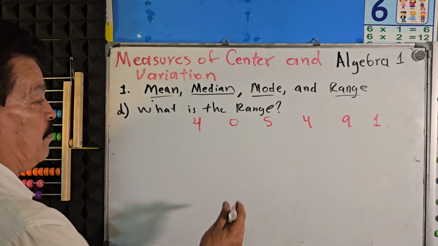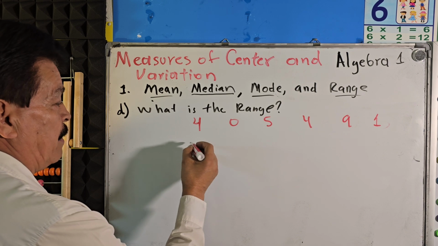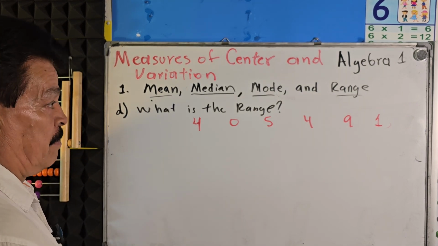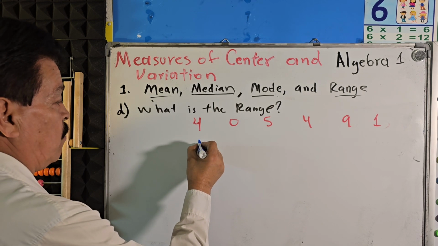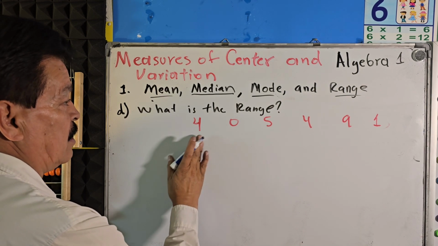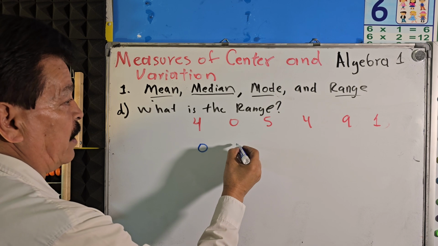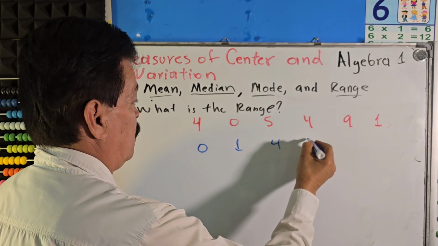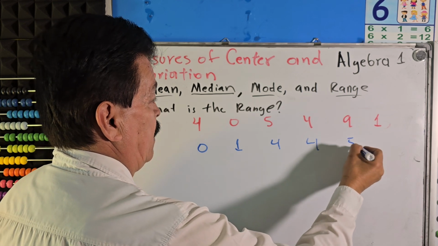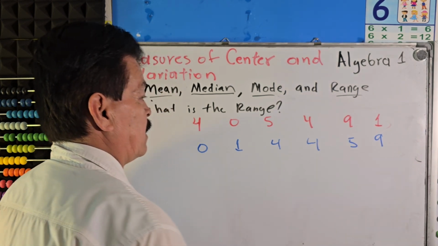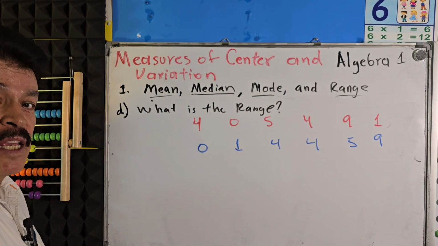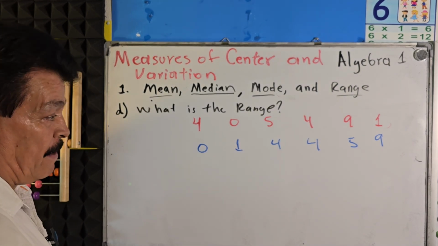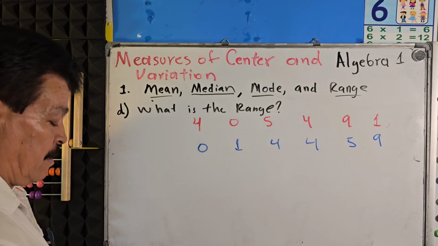So it is very simple. You immediately see here. So the least, you have to write 0 here. We have 0 right here. We have 1. The other ones are 4, 4, 5, and 9. That's the greatest. So remember the main concept that I gave you before. So we have to subtract or take the difference.